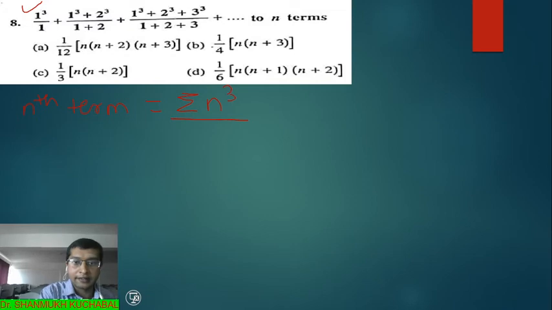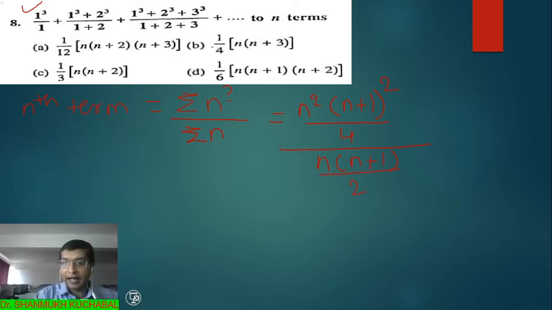So we can write this as summation of n cube divided by summation of n. I hope you have understood this. So further we need to simplify summation of n cube. You have to remember the formula, it is n square into n plus 1 whole square divided by 4, and whole divided by summation of n, it is n into n plus 1 divided by 2.